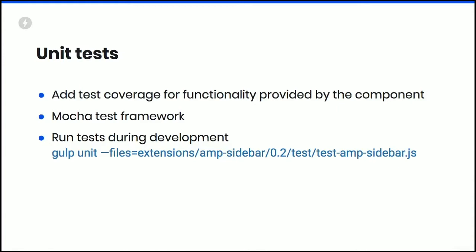First, AMP uses the Mocha test framework for unit tests, and we should add test coverage for any functionality that the feature or the component provides. To run a unit test, we can simply put in the command gulp unit. Usually we don't want to run the whole test suite, which can take a while. So if we just want to test a specific test file, we can add the files flag and put in the path of your file.